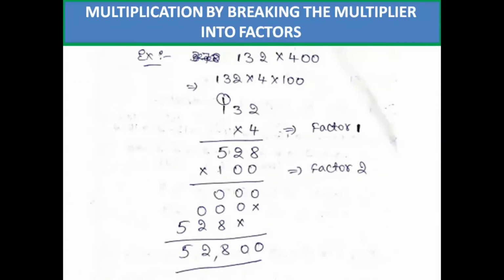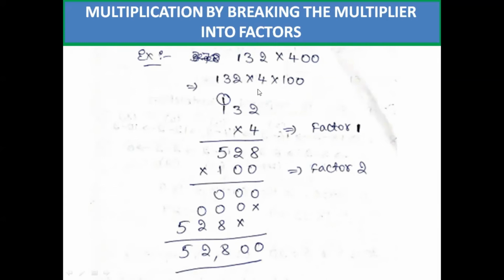Multiplication by breaking the multiplier into factors. For example, 132 into 400. We have to break it. 400 we have to break it. 132 into 4 into 100. How much? 400 only na?